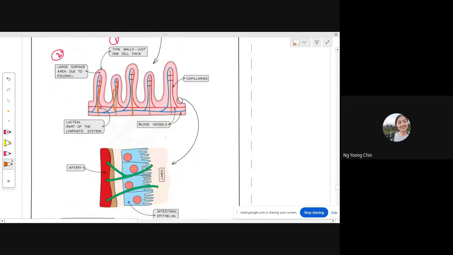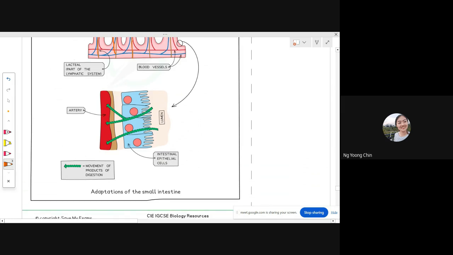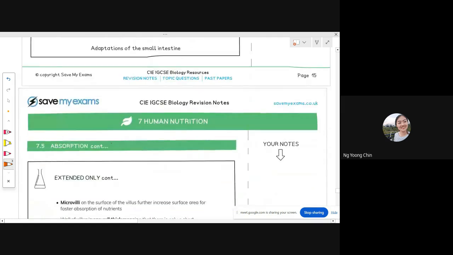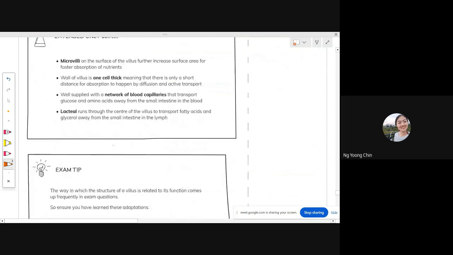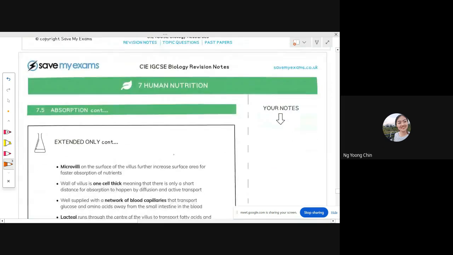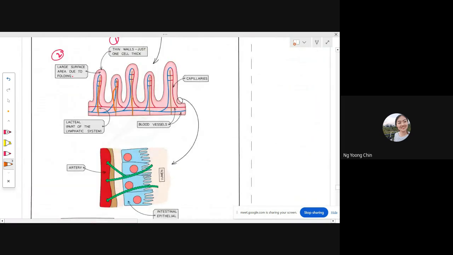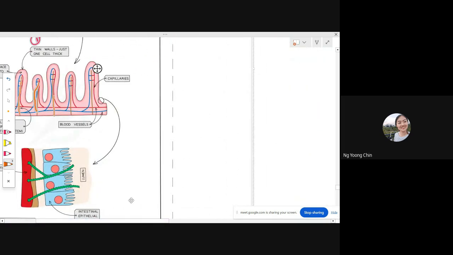So the nutrients will be absorbed into the intestinal villi, then they will enter into the blood capillary, like this blood capillary. After that, they will get into the liver for assimilation. So this is the pathway.